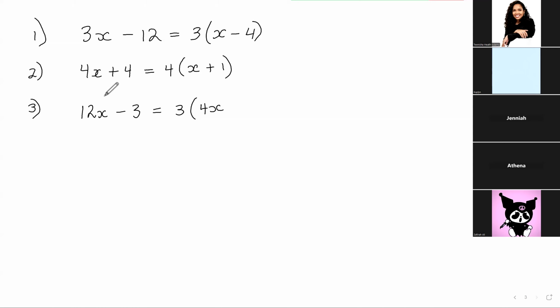So 3 times 4 gives me 12 by x, right? And then what's the last term in the brackets? Minus 1. 3 into 3 is 1. So 4x minus 1.